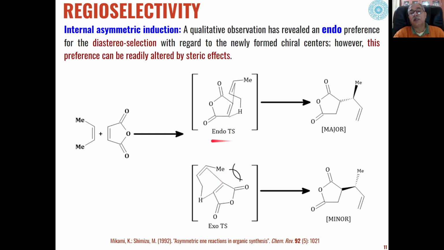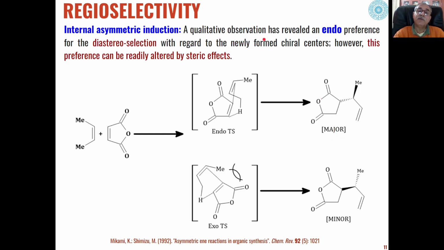One is that the transition state is formed in an endo manner, whereas the other is that the transition state is formed in an exo manner. But in the exo manner, there is a repulsion between these bigger groups. Because of that, this will lead to a minor product, whereas this more stable transition state leads to the formation of this major product.